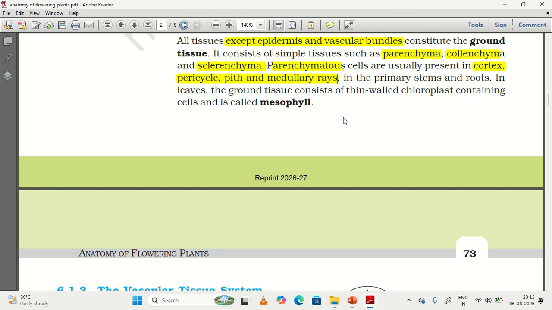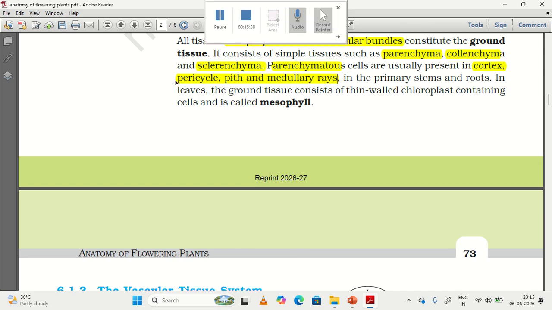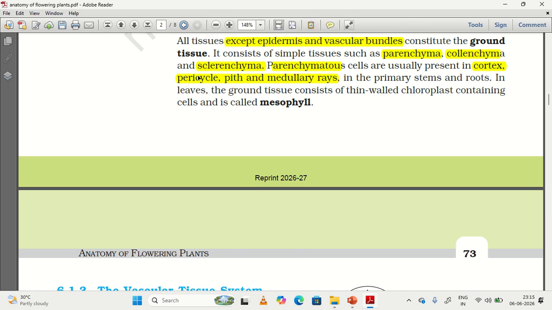After the epidermis, you'll have the cortex. In the cortex region, you can see the parenchymatous cells. Centrally, you will have the pericycle and the central pith, which gives rise to the medullary rays also, in the primary stems and roots.